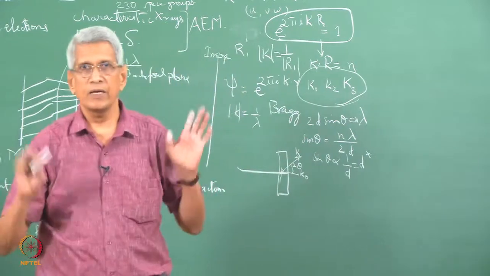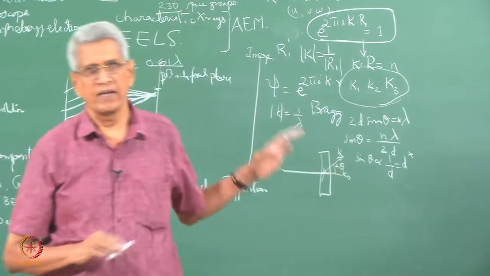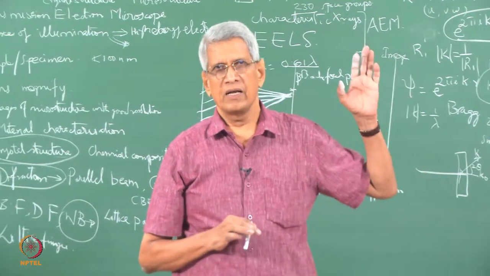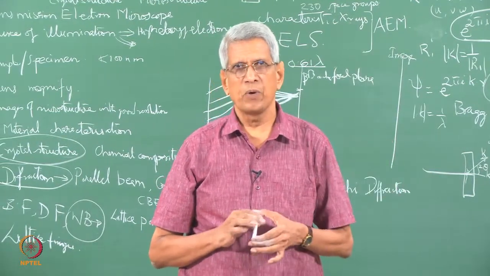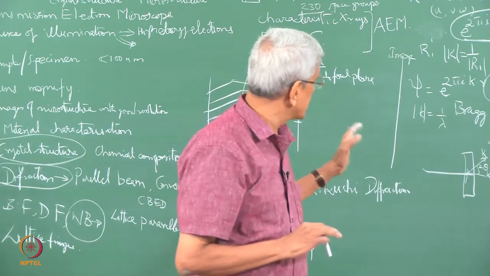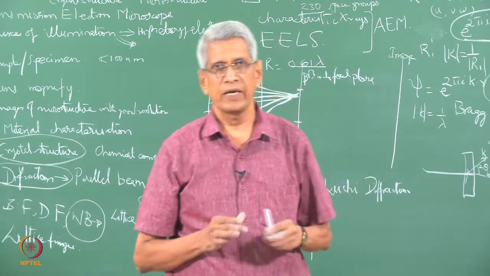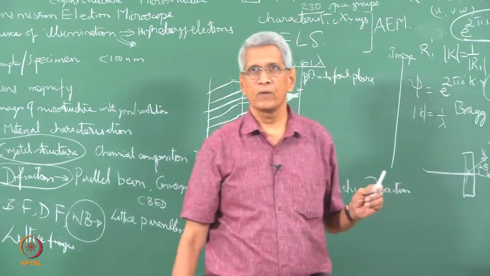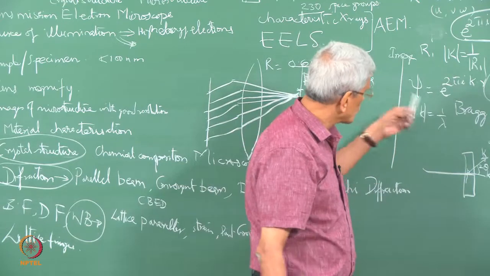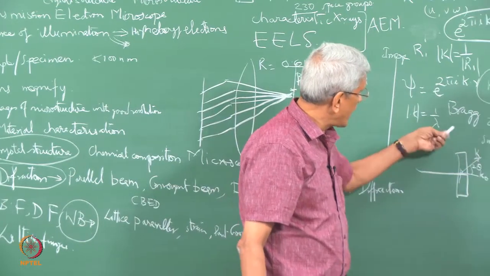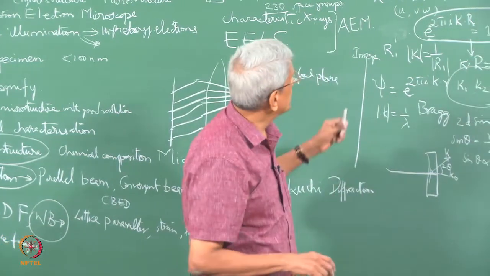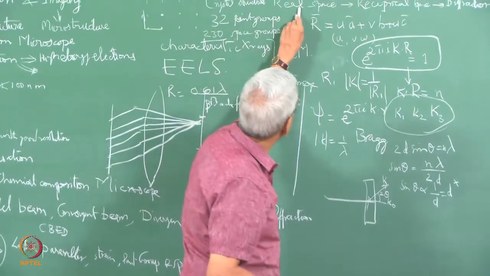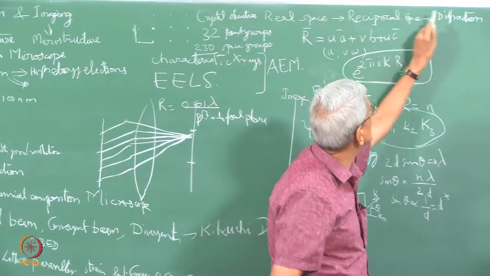So the information about the scattering angle when the scattering takes place, the information which we get about the sample, is in reciprocal space. From that, knowing the symmetry of the crystal structure, we can go back and get information about the crystal structure. So, we go from real space to reciprocal space to diffraction.